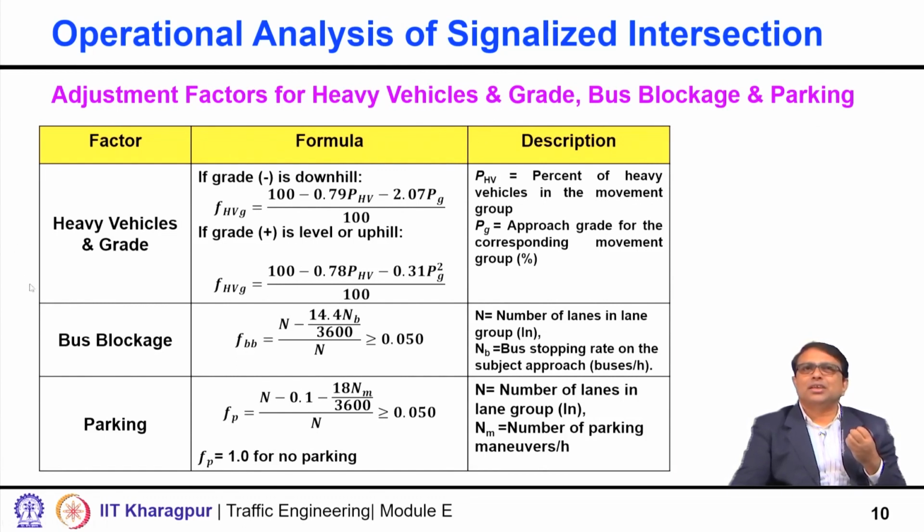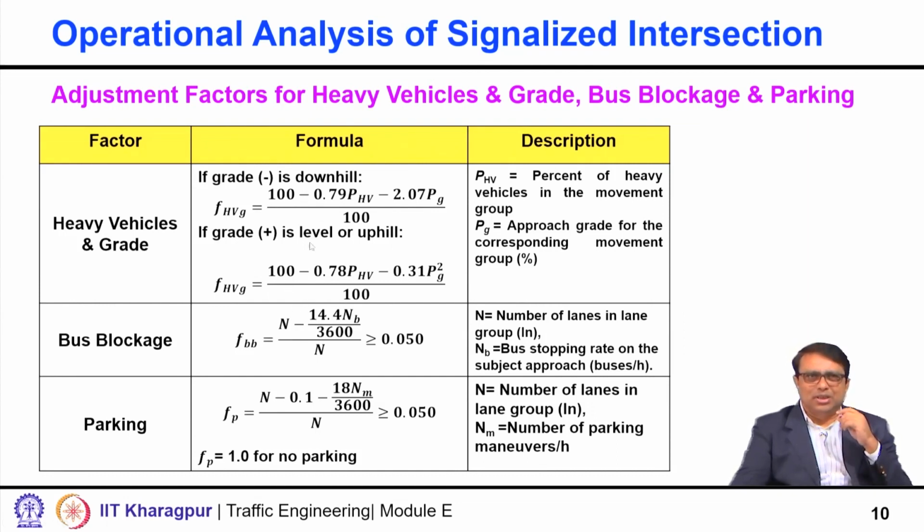Now, for heavy vehicles and grade, obviously the factor depends on the percentage of heavy vehicles and what the grade is. There are two formulas given here. One is for the downhill negative grade and one is for the uphill approach, the positive grade.